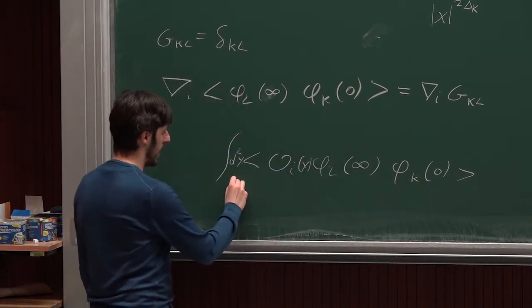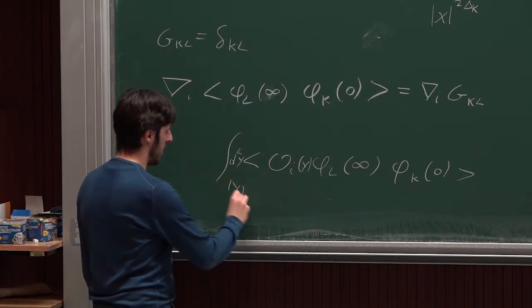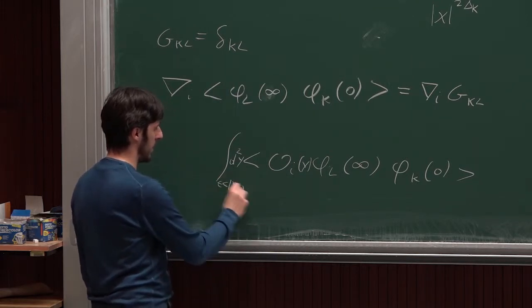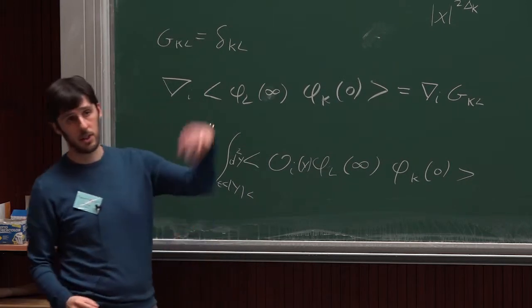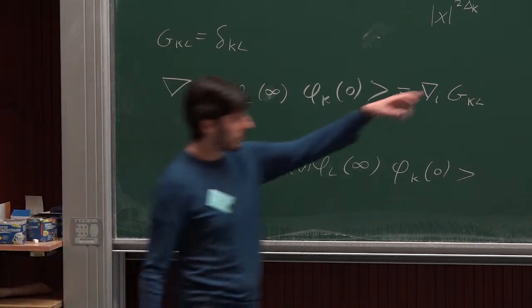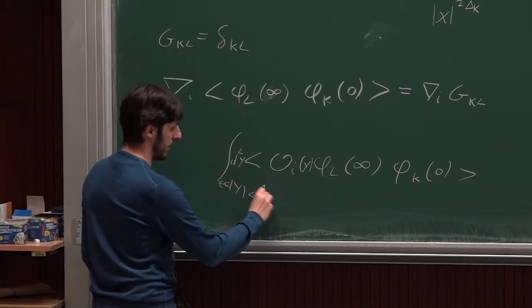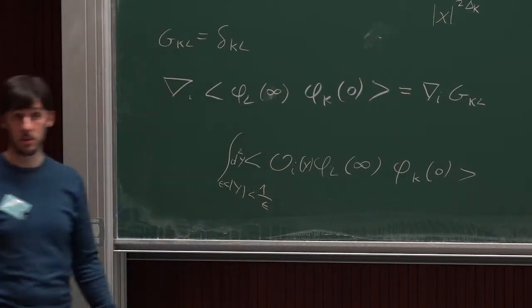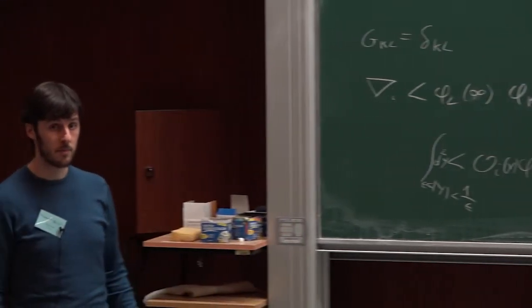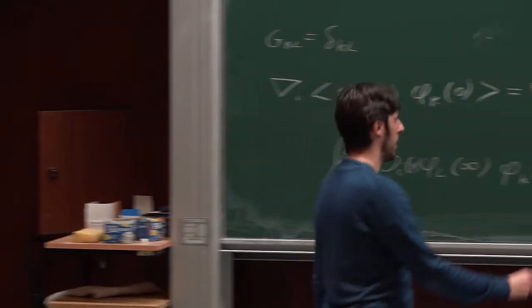It means that my y will be integrated only from epsilon, and a disk of size epsilon around infinity in the Riemann sphere is just, in the plane, a disk of size 1 over epsilon. This is the operation I have to do.